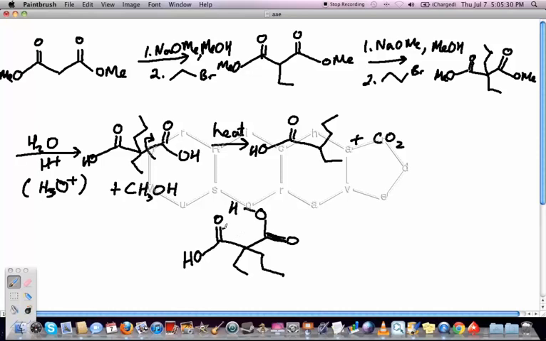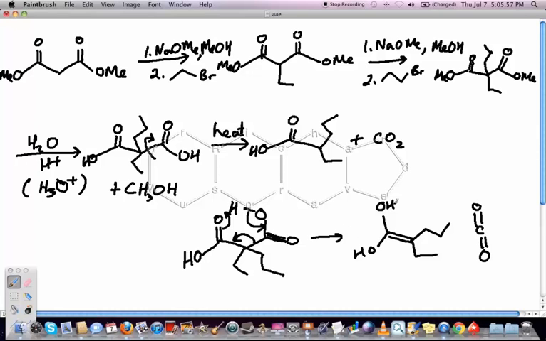Alright, so again, you'll see the arrows. And what we end up with is the enol from a carboxylic acid. And we end up with the CO2 here.